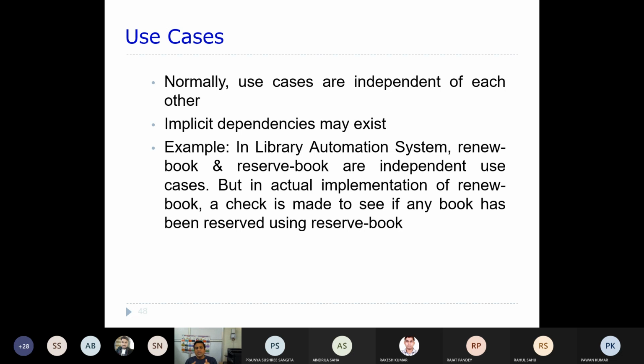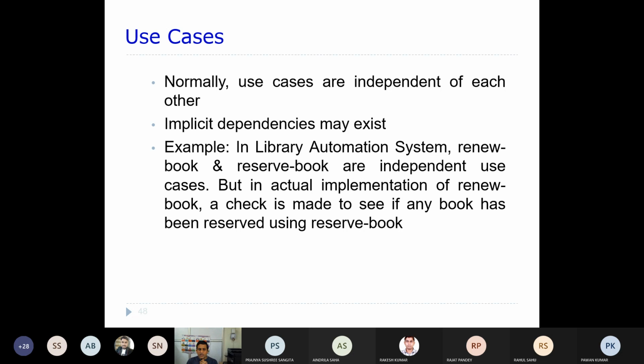If it is reserved, then it can't be renewed. So a use case can depend on another use case, but it is a very implicit dependency.